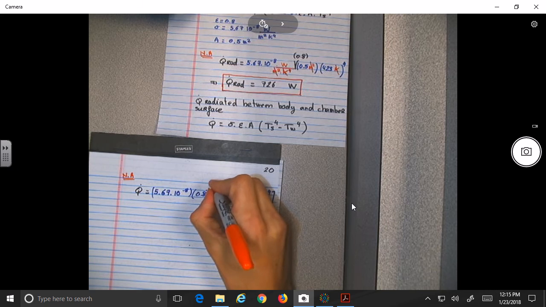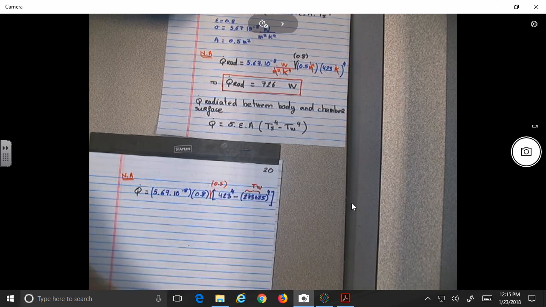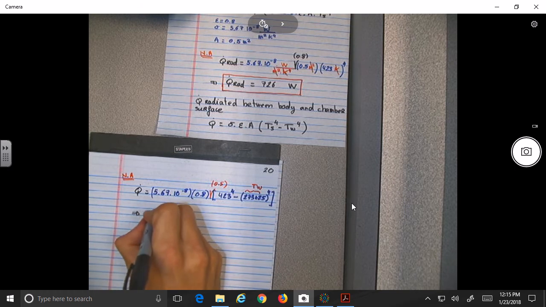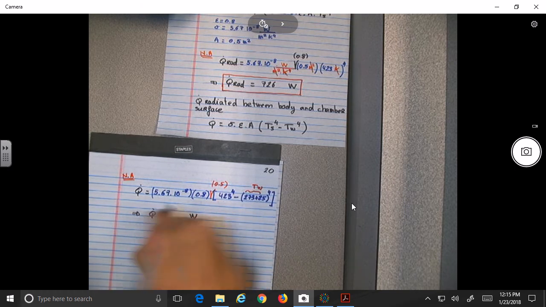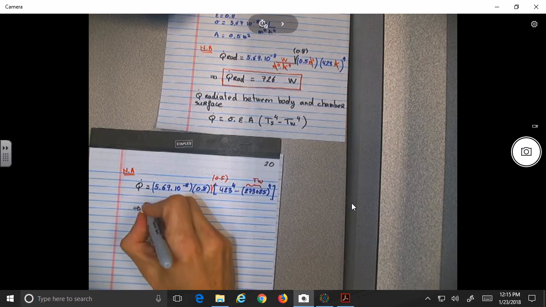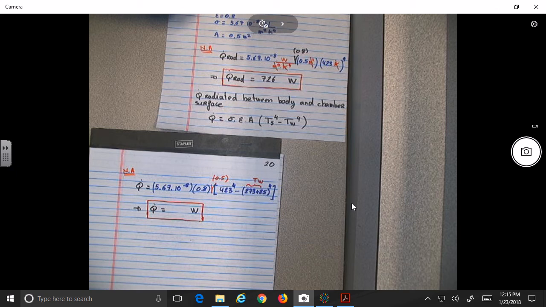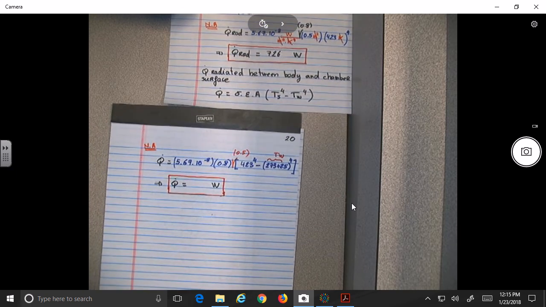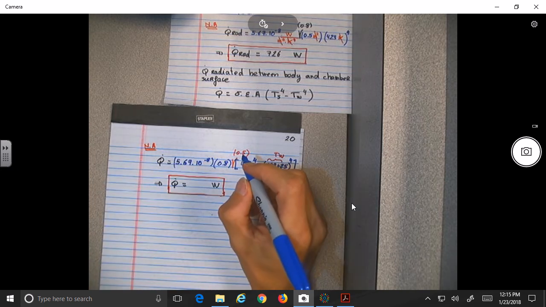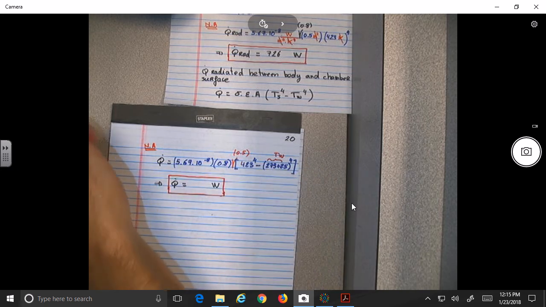And times the area. So if you do this, what do you get? 547.